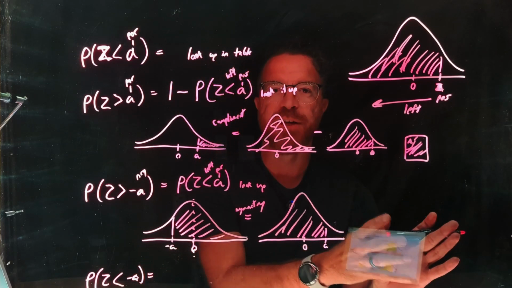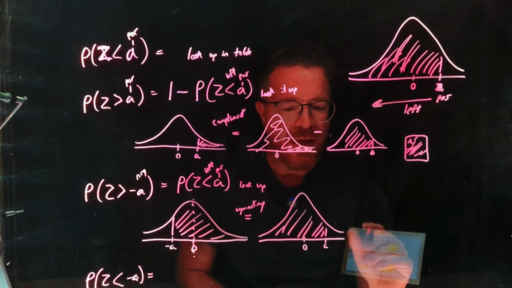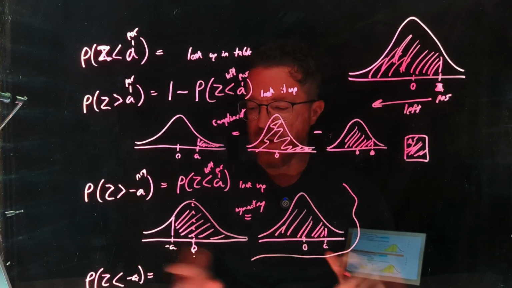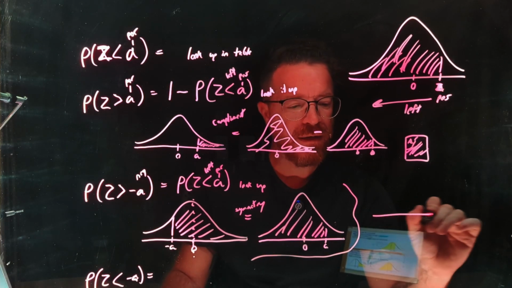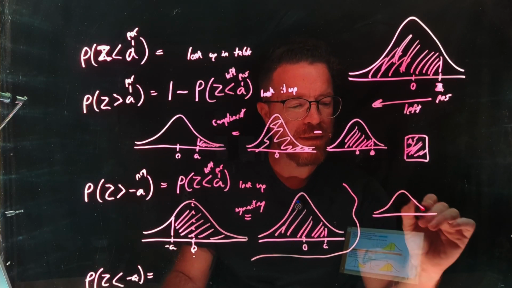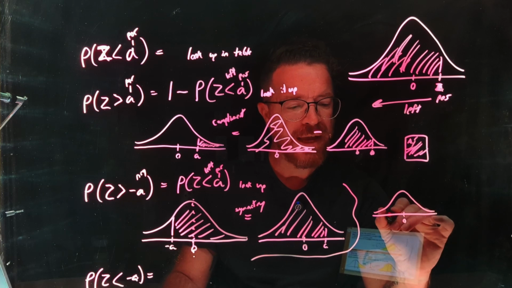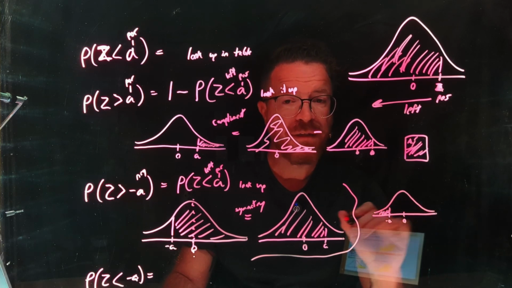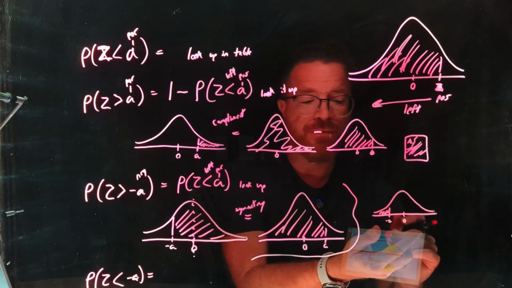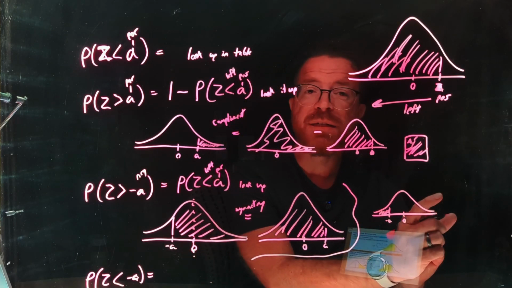I'm going to draw the pictures over here just to make sure that they're still in frame. So if I have a standard normal probability distribution, and I have a negative A, and I am looking to the left, well, first of all, A is negative. So I'm going to use symmetry to make it positive.